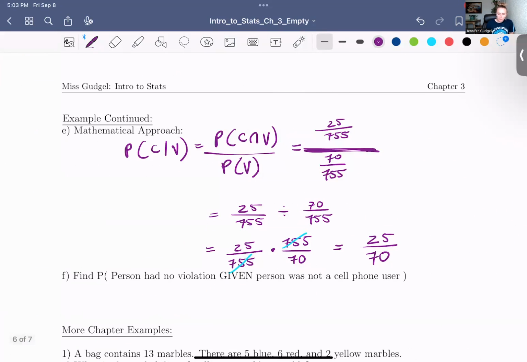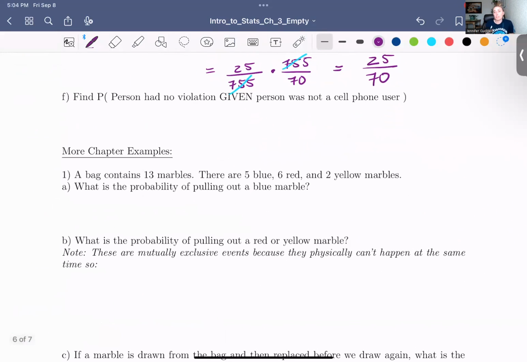All right, just to give you one more conditional probability here, I'm just going to do the logical approach. I want the probability of no violation given that they were not a cell phone user. Well, then that given information again goes on the bottom. So how many people are left in the pool when I kicked everyone that had a cell phone out?